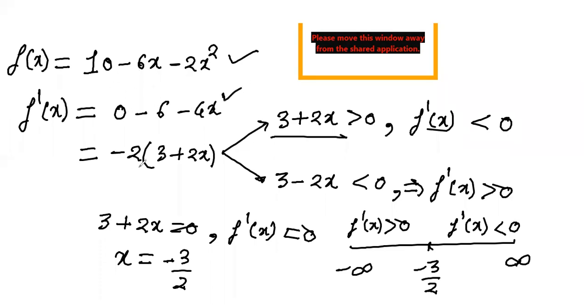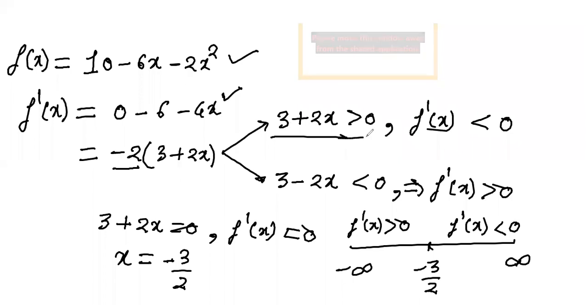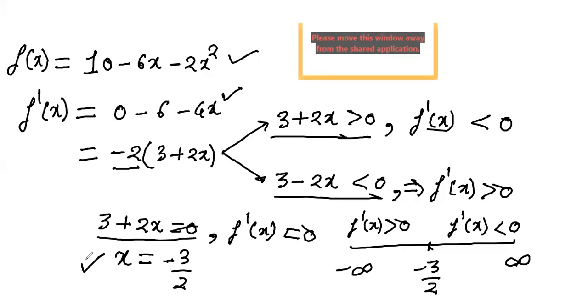Minus 2 I have taken common, so it will be 3 plus 2x. So 3 plus 2x can be positive, negative, or 0. When f dash x is 0, the value of x is minus 3 by 2. Till now everything is clear, I guess.